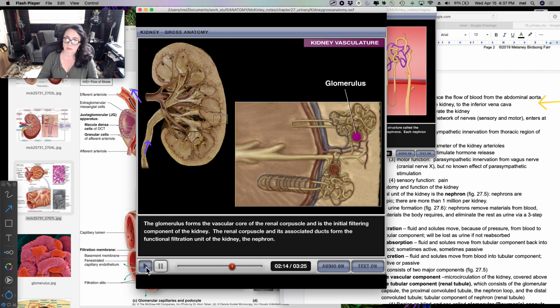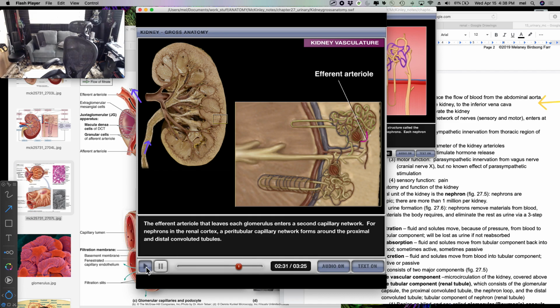a glomerulus. The glomerulus forms the vascular core of the renal corpuscle and is the initial filtering component of the kidney. The renal corpuscle and its associated ducts form the functional filtration unit of the kidney, the nephron. The efferent arteriole that leaves each glomerulus enters a second capillary network.